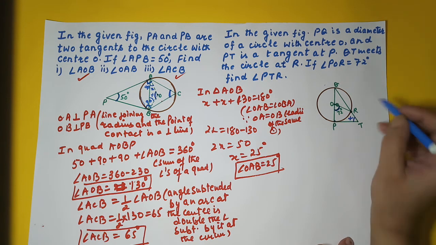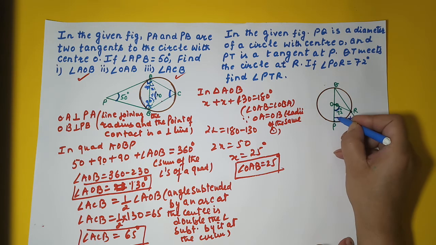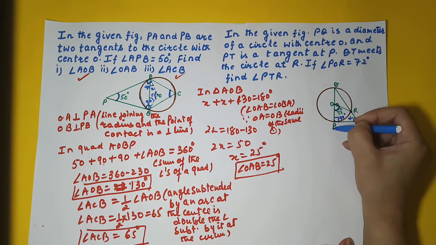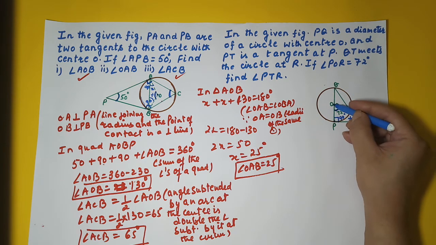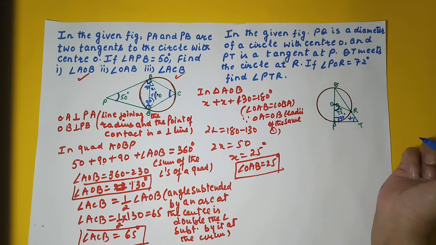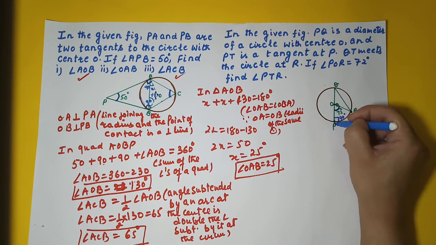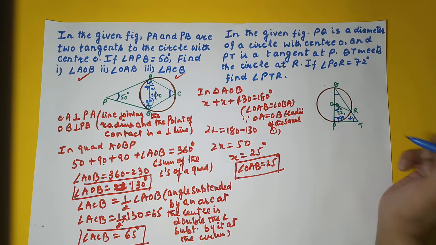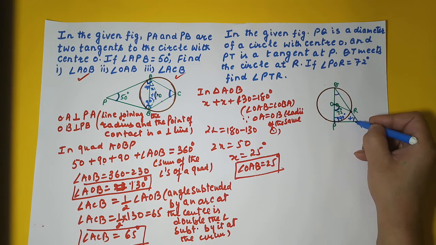Now, we know that this angle is 90 degrees. Why? Because OP is the radius. If QP is the diameter, OP is the radius. O is the center, P is the point of contact. So this angle is 90 degrees, right? So in this triangle, if we know this angle is 90, we can calculate this X, right?